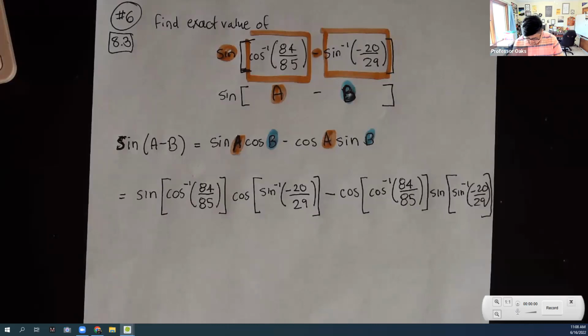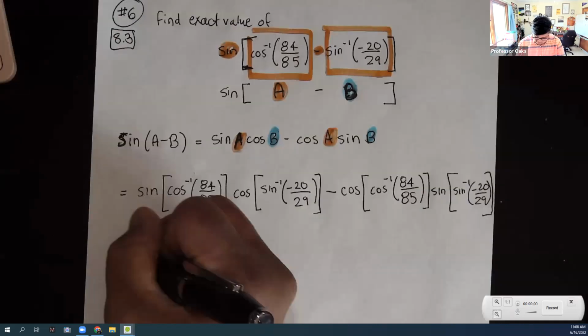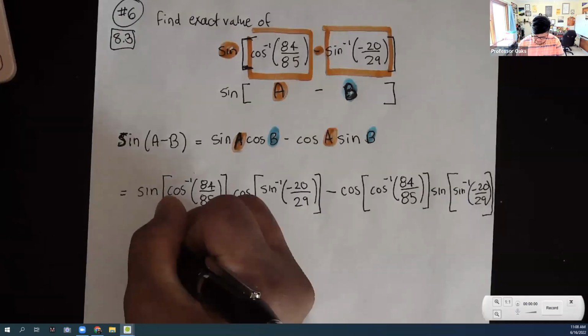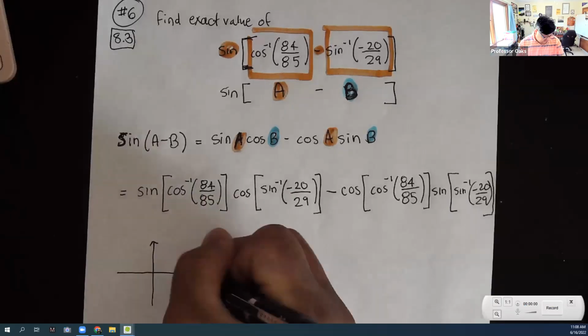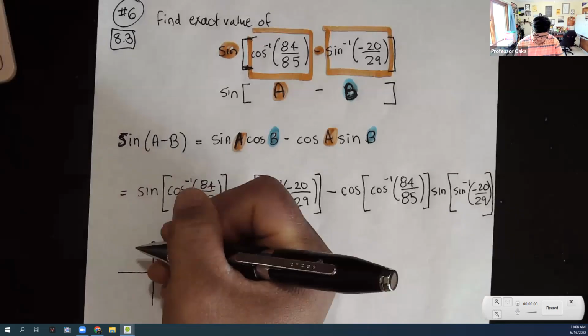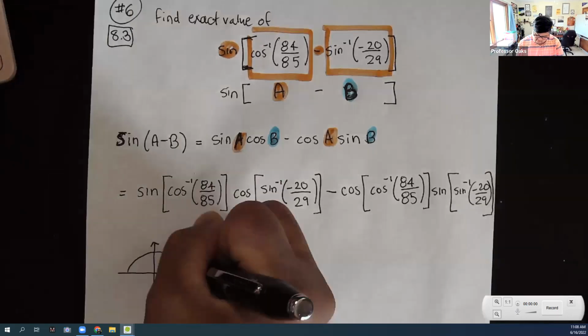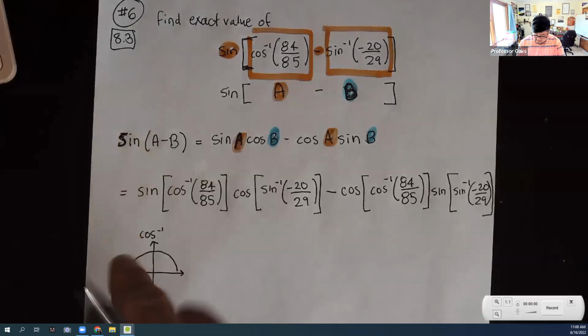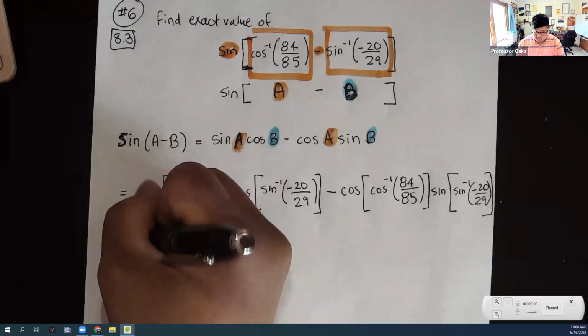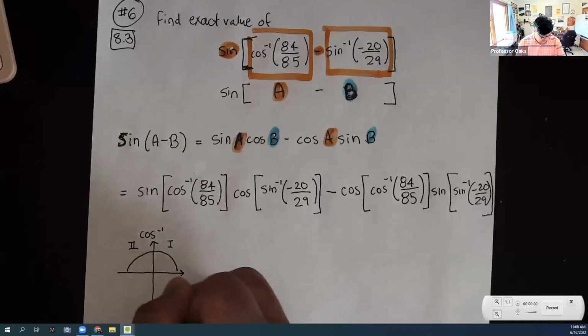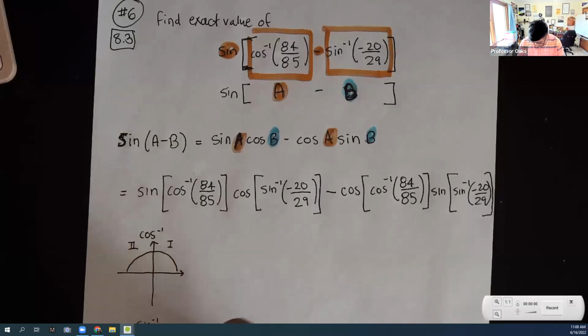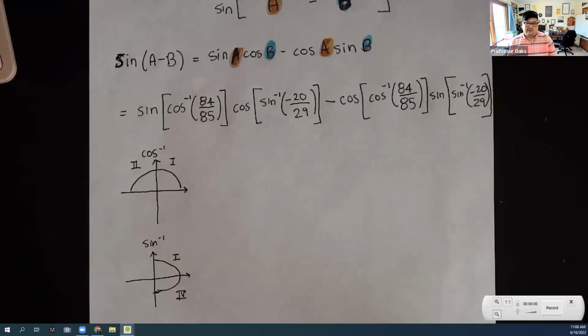For the drawings that we had, if you have cosine inverse, then remember that it's in quadrants one or two, but for sine inverse, it always is in quadrant one or four, but we never use quadrant three.